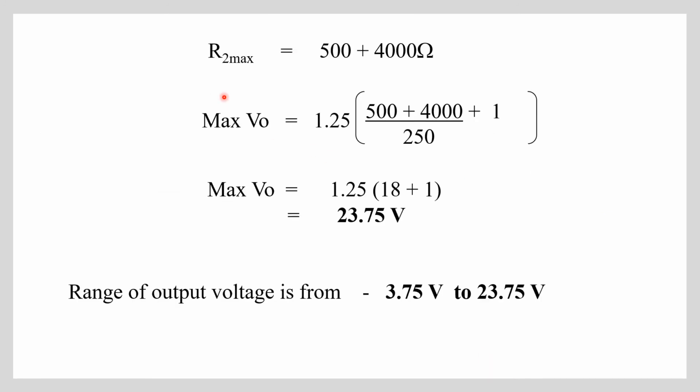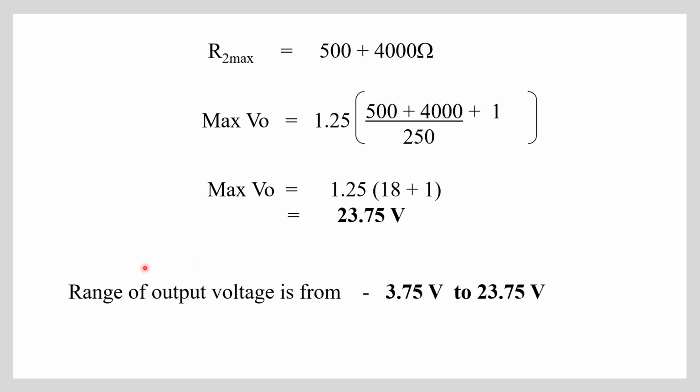Let us now find the maximum. We found V out when R2 was equal to 500. Now we take 500 plus the series resistance, that is 4 kilo ohm, so R2 maximum is 500 plus 4000 ohms. Substituting in the output equation, V out is equal to 1.25 times 4500 upon 250, that is R1, plus 1. So V out is equal to 1.25 into 18 plus 1, which equals 23.75 volt.